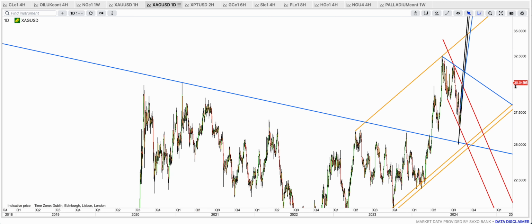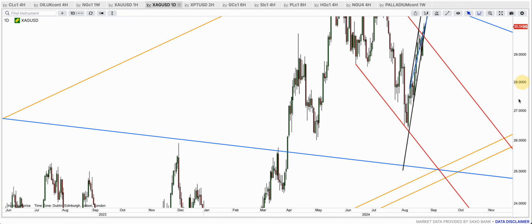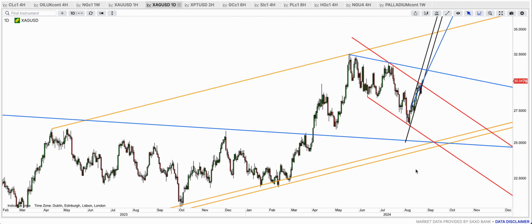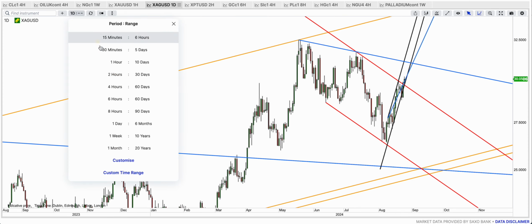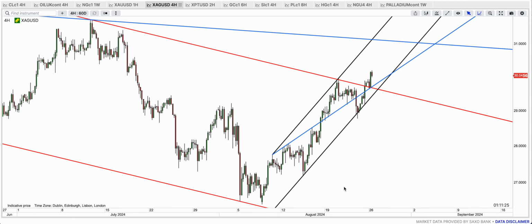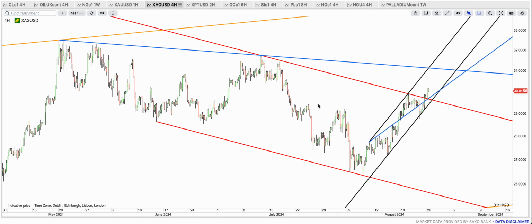So I was hoping that it stays inside the red bull flag, comes down, touches this 25, which is that golden, blue, and red triple support, so that we could buy that $25 heavily to target $35.